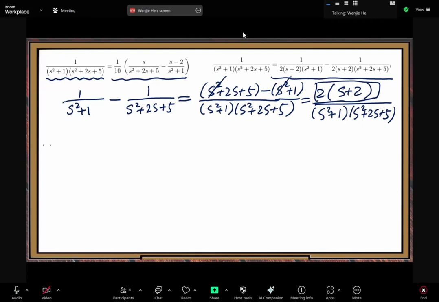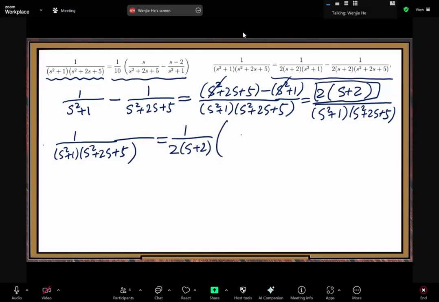So when we do division by that numerator factor, we have this division: 1 over 2 times s plus 2. Then, inside, s squared plus 1 minus, plus 5.